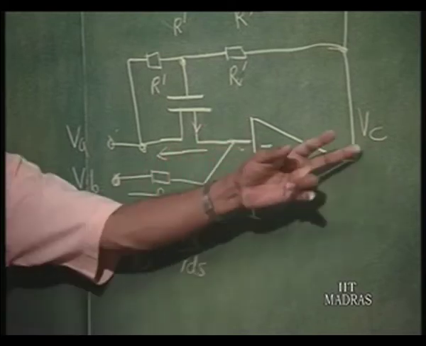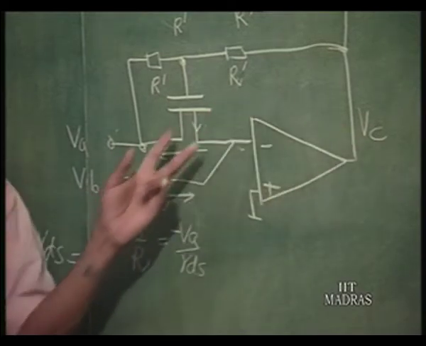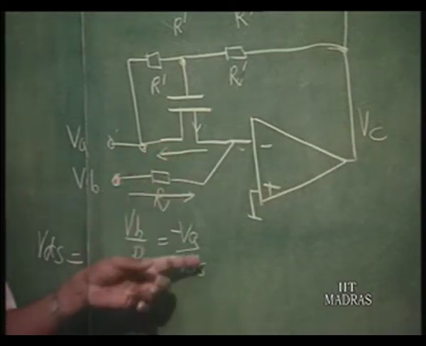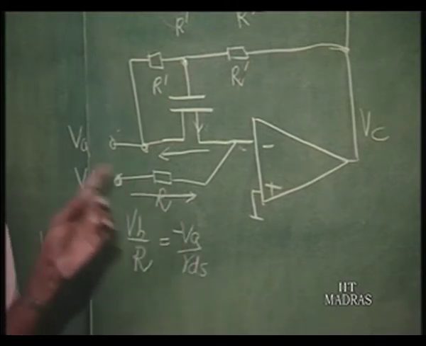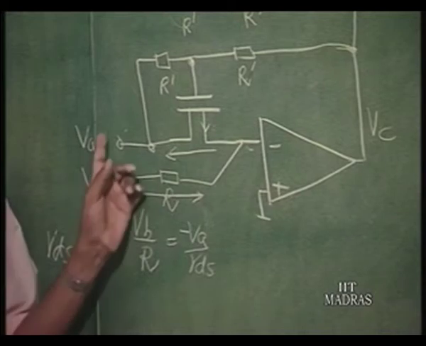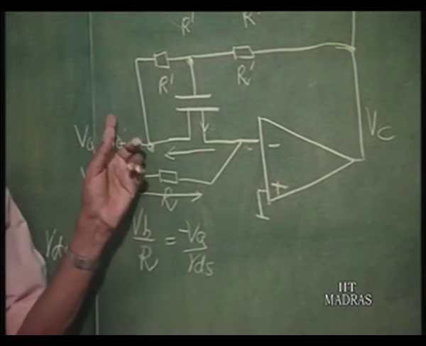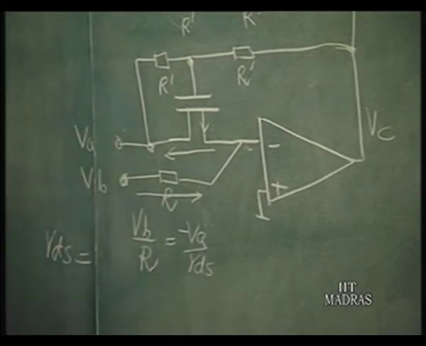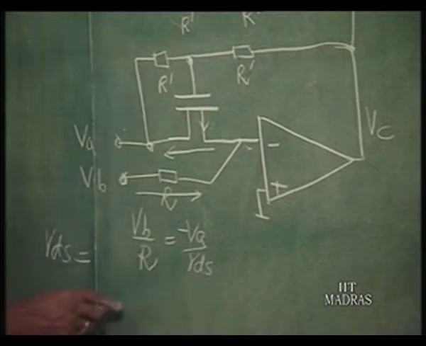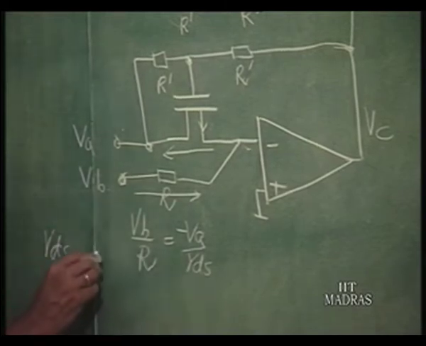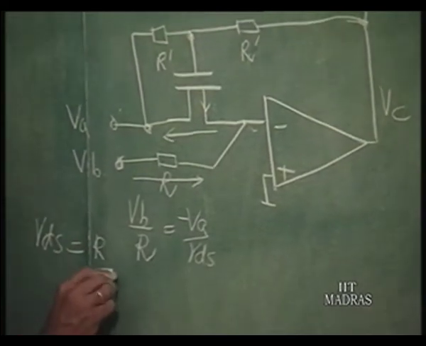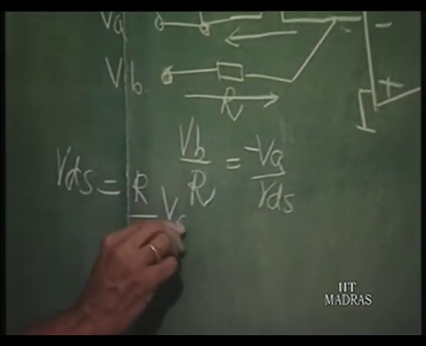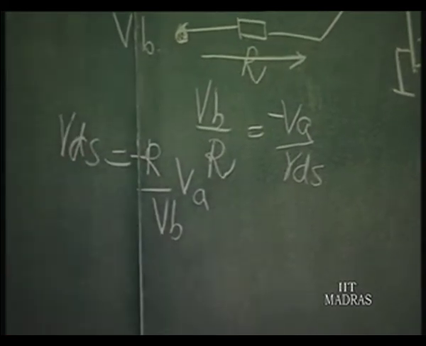That means this Vc will change in such a manner as to adjust this RDS to satisfy this relationship, as long as we provide a positive and negative or negative and positive voltages here. So, RDS is going to be therefore equal to, let us say, R by VB into VA with a negative sign.